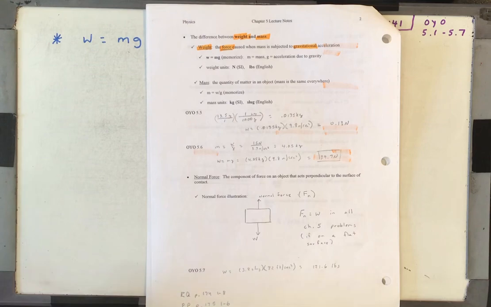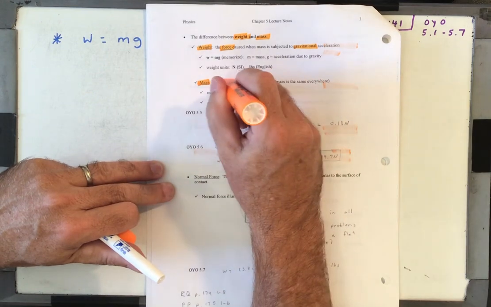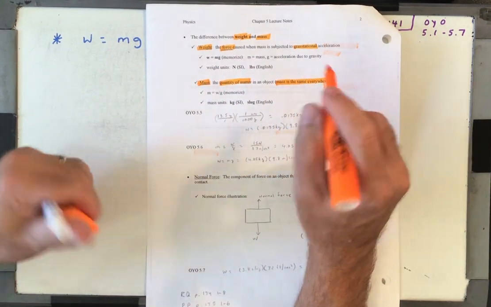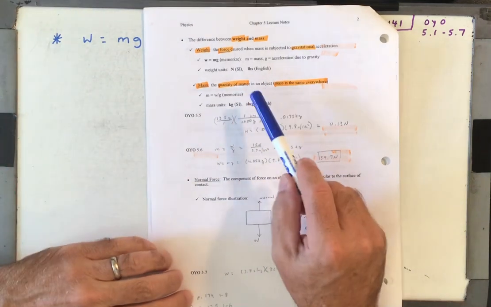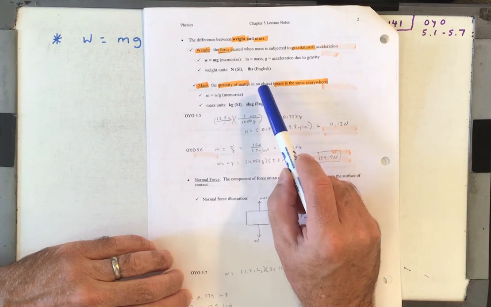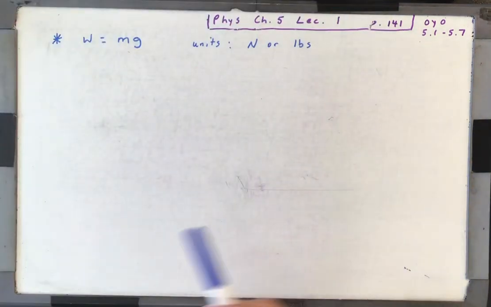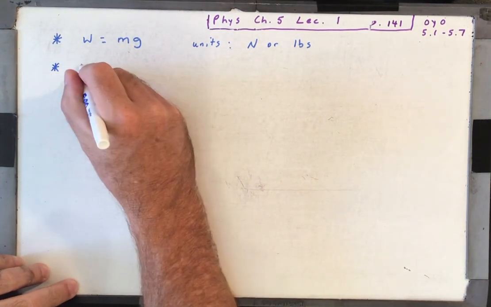So what is mass if it's different than weight? Well, mass is the quantity of matter in an object, and mass, this is the key, mass is the same everywhere. It doesn't matter what the gravitational acceleration is. Your mass is the same on Earth, as it is on the moon, as it is on Neptune. So to get mass, we just rearrange this equation and solve for mass.